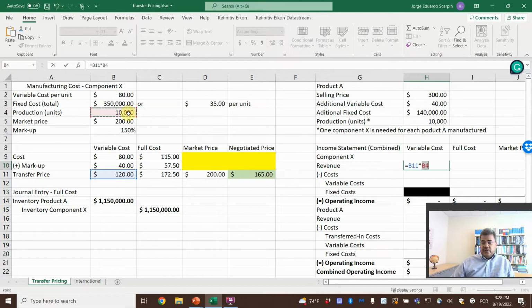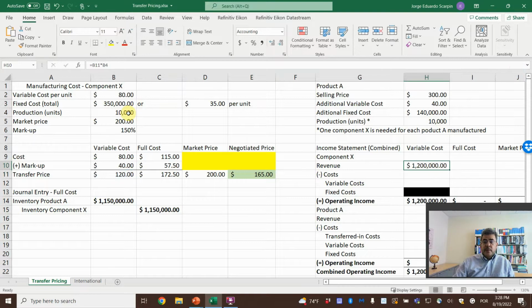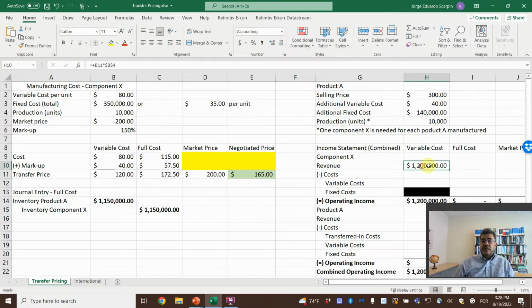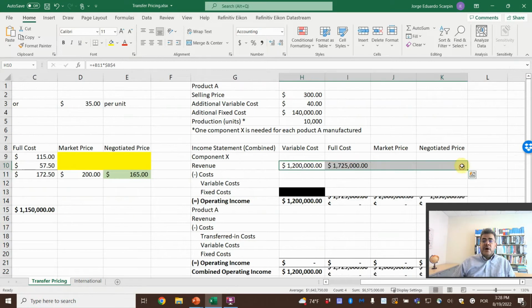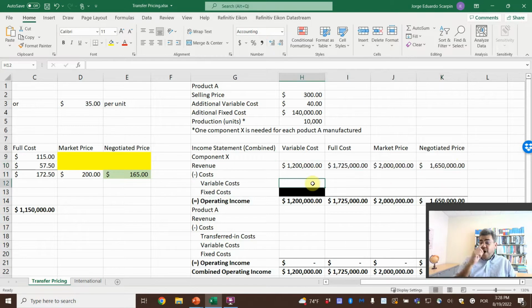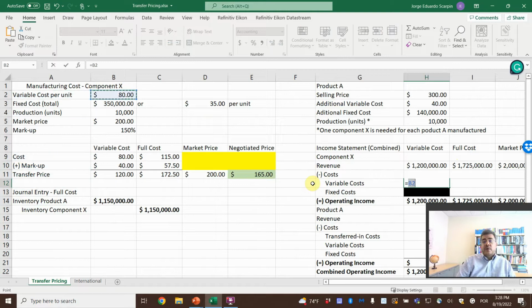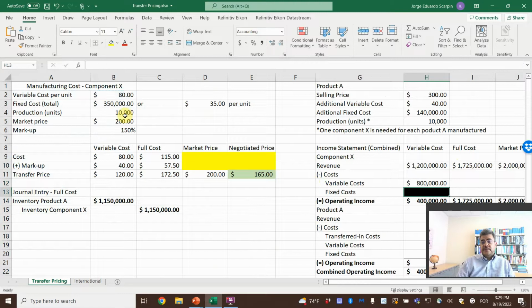120 times 10,000 units. Or let's do it better. 120 times 10,000 for the variable cost, and we are fixing it. Revenue here, full cost, market price, and negotiated price. Costs, how much will be the costs? So the costs here, it will be only the variable cost because we are working with the variable cost times 10,000 units.